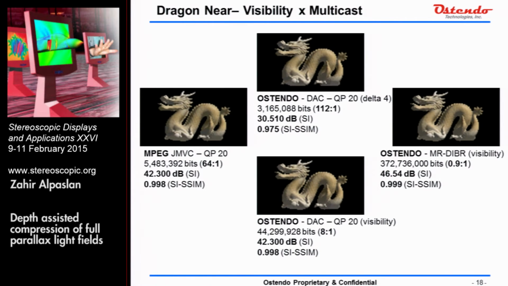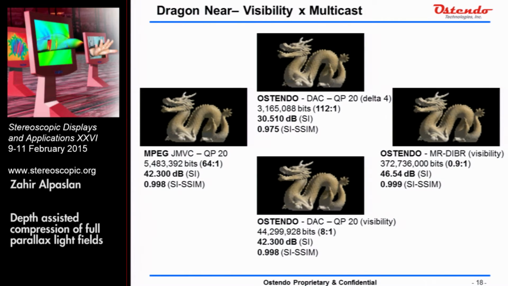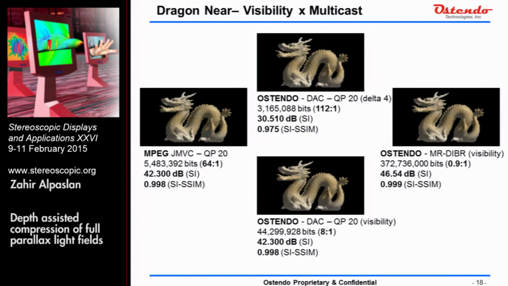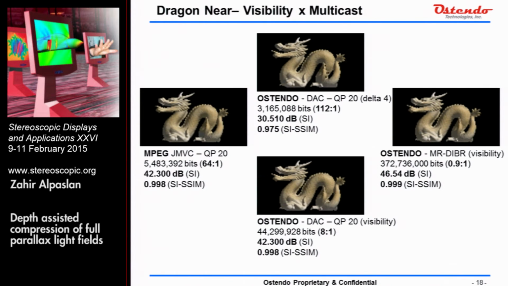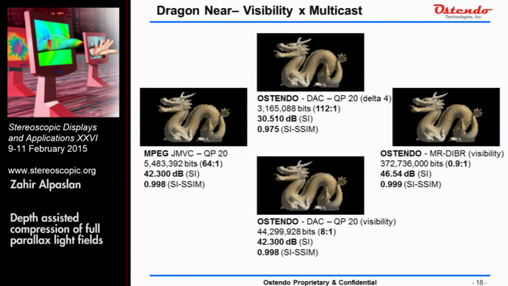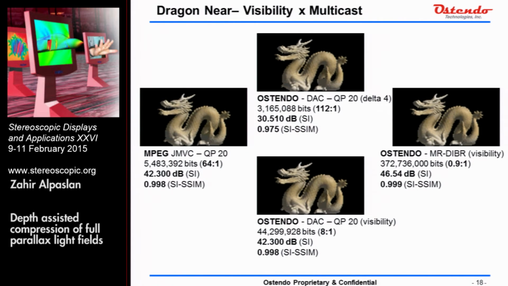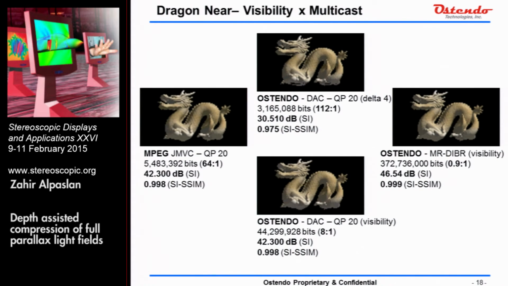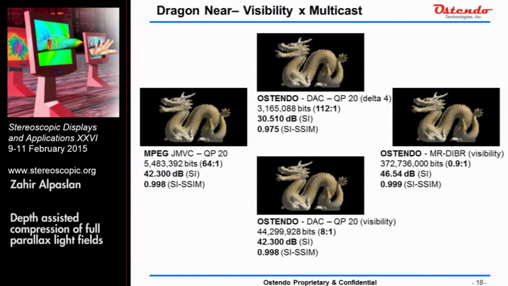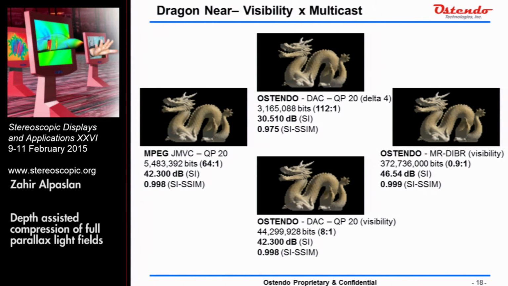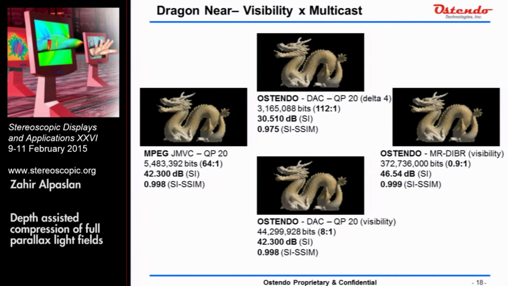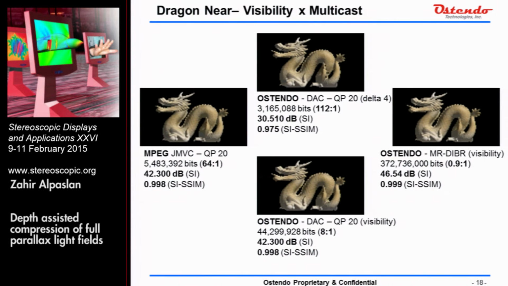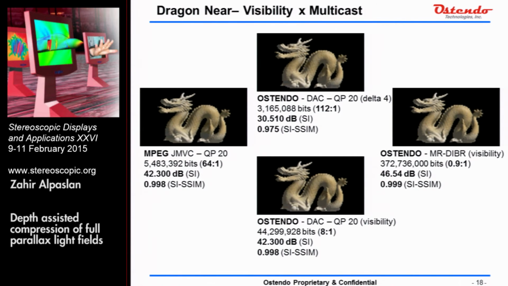If we allow some degradation, and that's when we use just some subsampling for those fields, we can see there are a couple of holes, especially here on certain views of the image, then we get almost double the compression of JMVC. So that's the whole deal here: where can we find the best compression with the best quality, right?